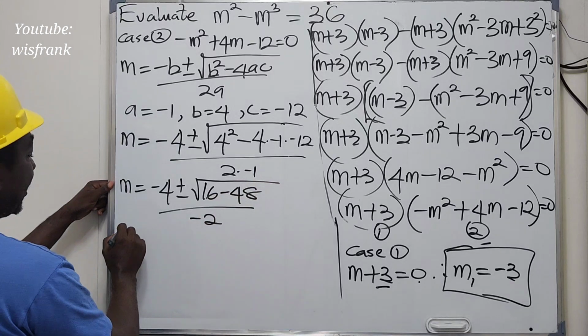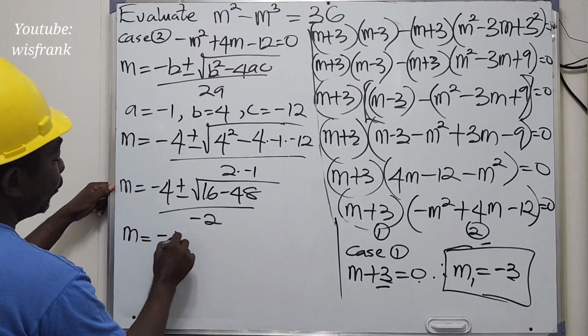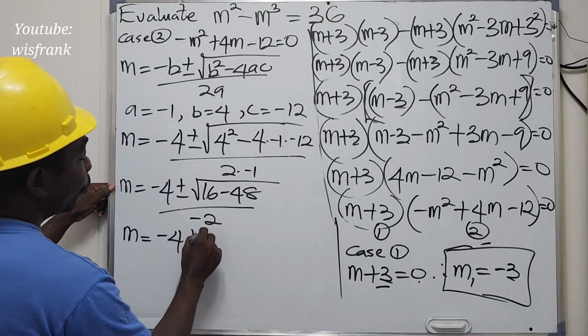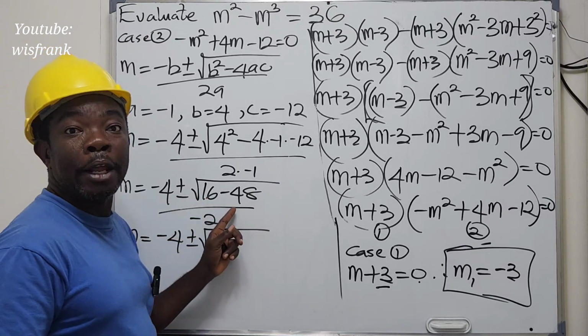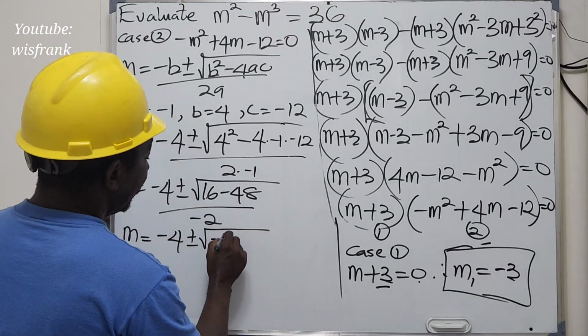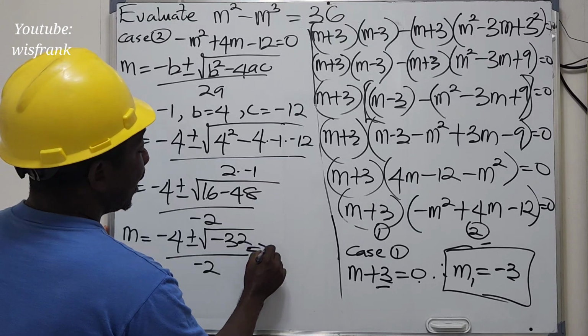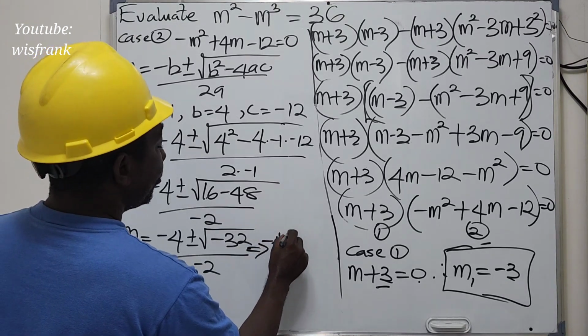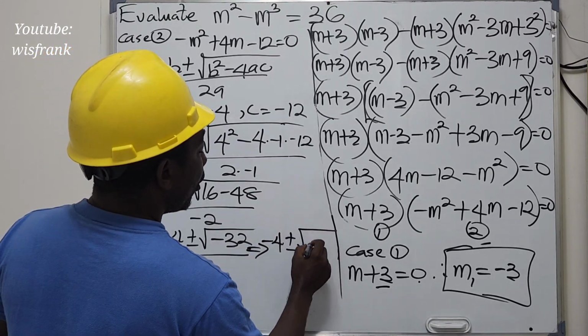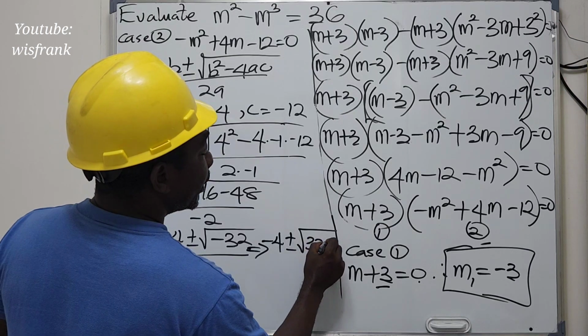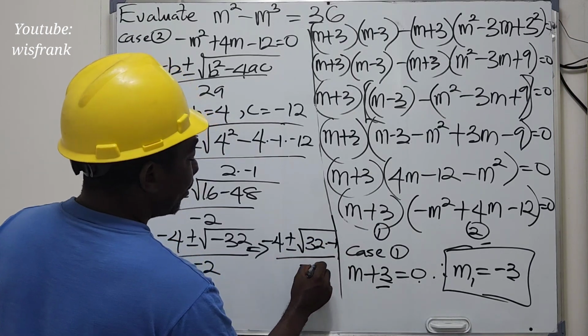So this is the same thing as having m equals minus 4 plus or minus the square root of 16 minus 48, which is minus 32, all over minus 2. So this is the same thing as minus 4 plus or minus the square root of 32 times minus 1, all over minus 2.